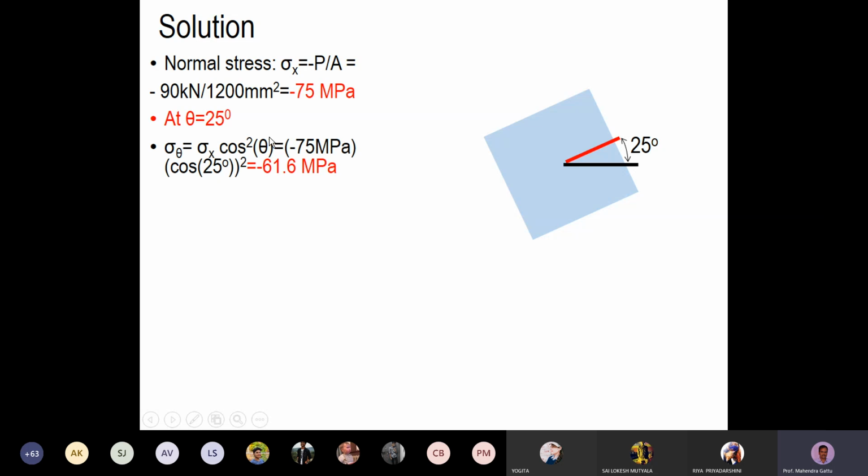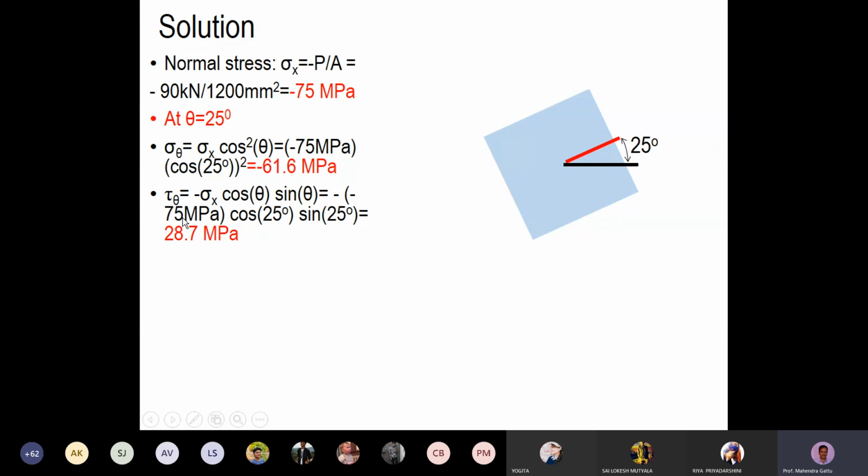So we apply that formula. Sigma theta is sigma x cos square theta, or sigma x by 2 into 1 plus cos 2 theta. So sigma x is a negative value, minus 75 megapascal, and cos square 25. So you are getting minus 61.6. So sigma theta is minus 61.6, acting away. So what we will do is we reverse the arrow and remove the negative sign. And similarly tau theta we are getting minus sigma x cos theta sin theta.